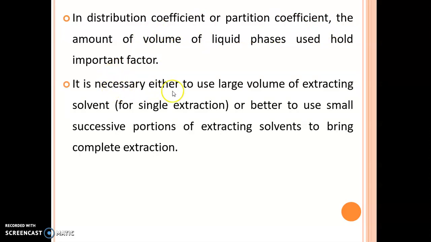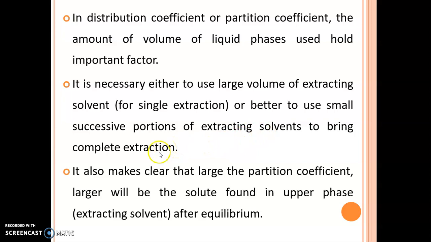It is necessary either to use a large volume of extracting solvent for single extraction or better to use small successive portions of extracting solvent to bring about complete extraction. It also makes clear that the larger the partition coefficient, the larger the amount of solute found in the upper phase after equilibrium.